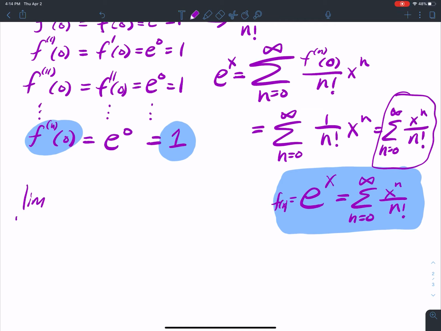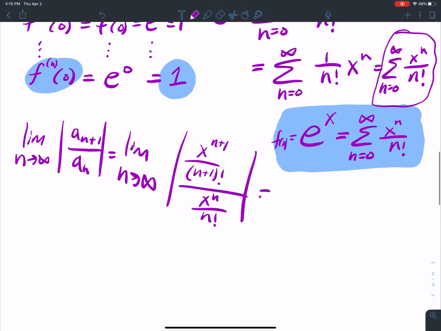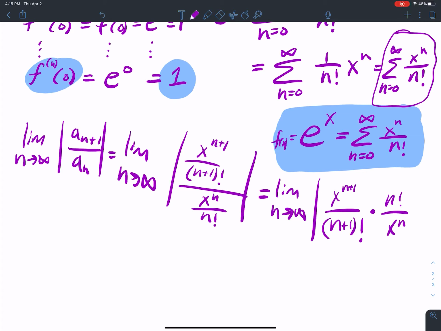So the limit as n goes to infinity of a_(n+1) over a_n. What is this? This is the limit as n goes to infinity of x to the n plus 1 divided by n plus 1 factorial, all over x to the n divided by n factorial. Keep, change, flip. Limit as n goes to infinity of x to the n plus 1 over n plus 1 factorial, times, change to multiplication, flip the denominator, n factorial over x to the n.